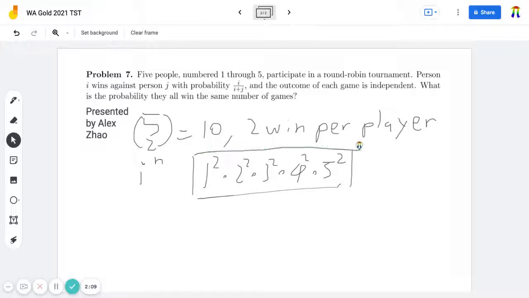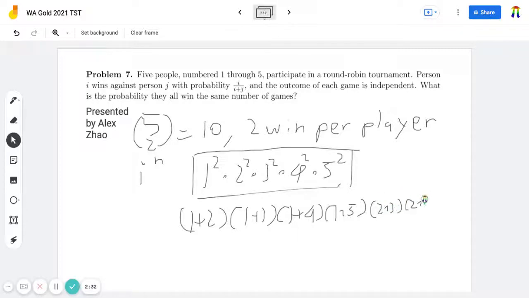There's 1 I plus j for every game played between I and j. So the denominator is actually 1 plus 2 times 1 plus 3, 1 plus 4, 1 plus 5, and so forth. 2 plus 3, 2 plus 4. You get the idea.